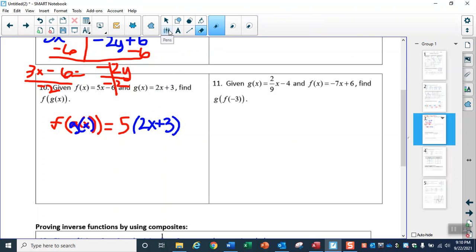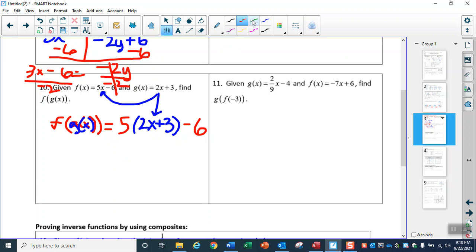G is blue. So let's make it blue. So this g is going inside. So 5x, g is going inside that x. And then now I have -6. So I'll continue with f. All right, so 5x minus 6, that's f. But I've got g inside it, okay?